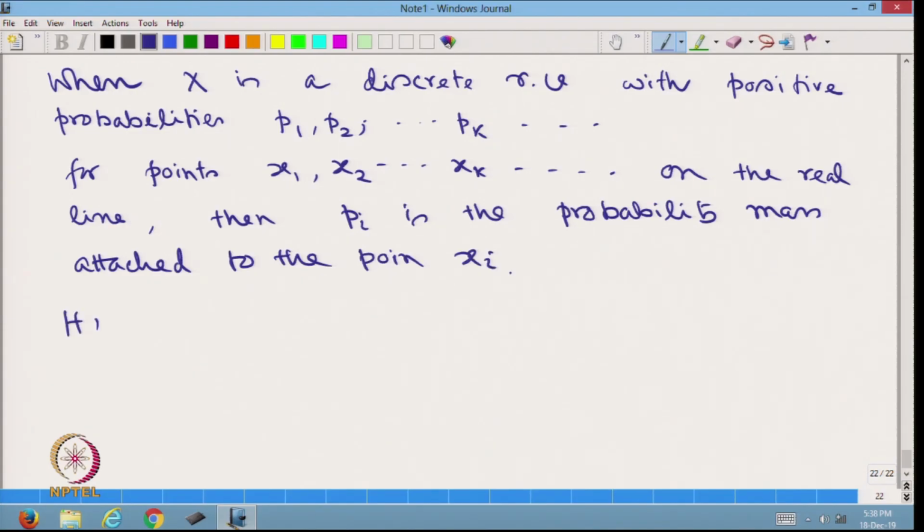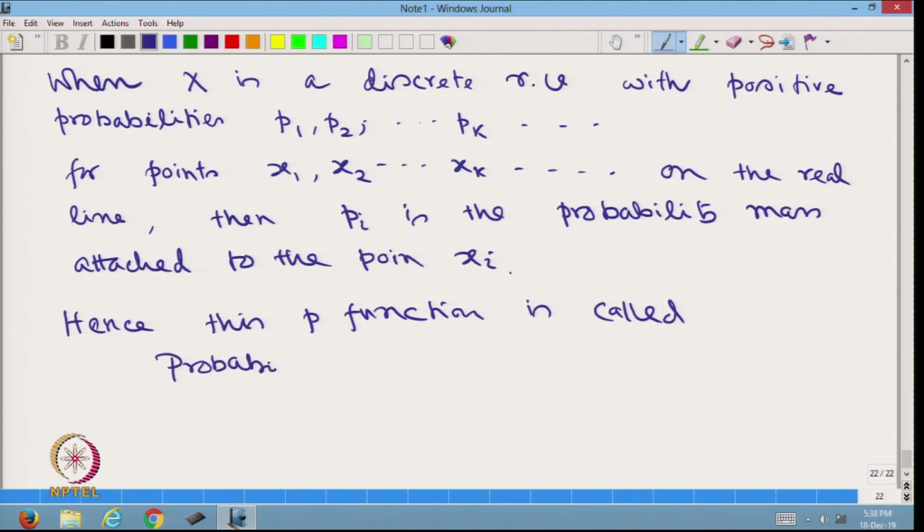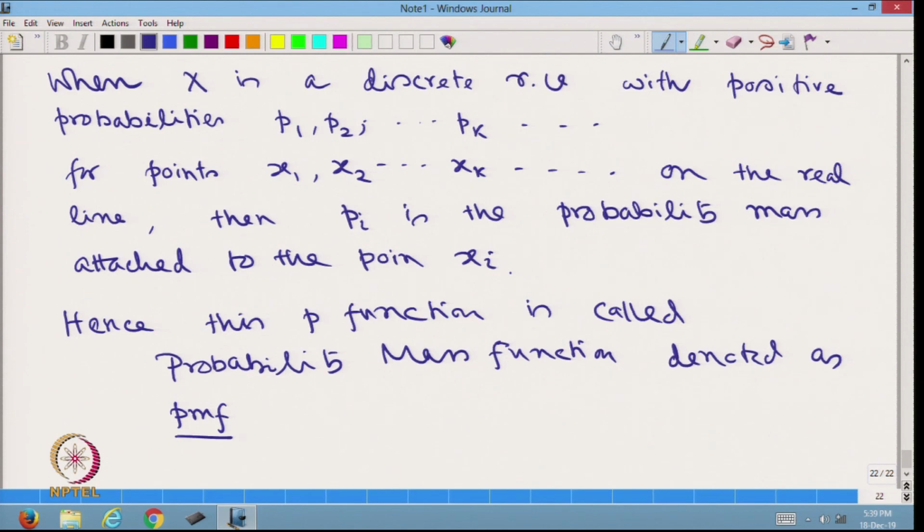Hence, this function is called the probability mass function, which we often denote as PMF.